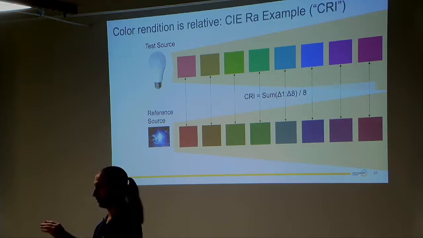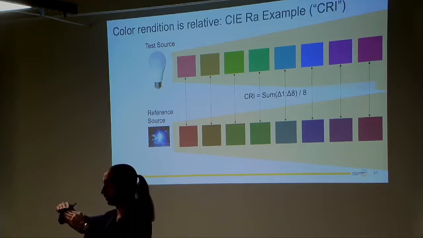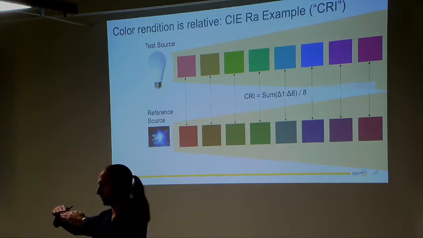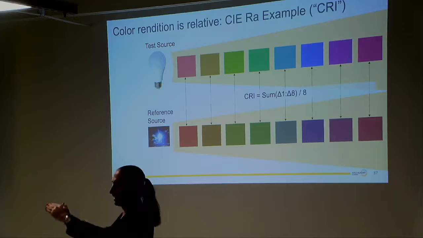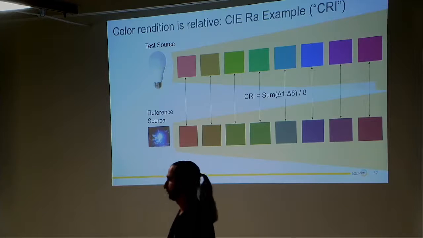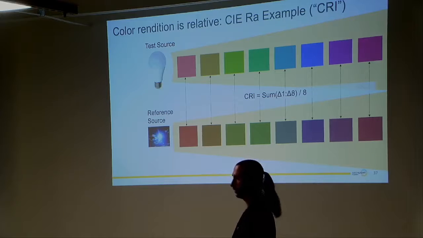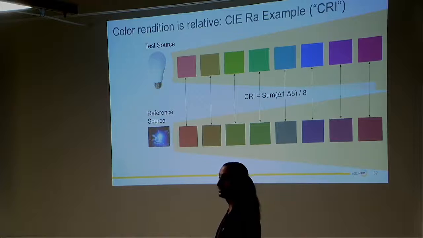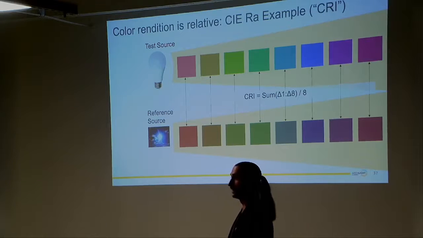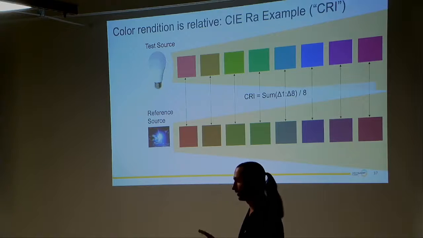So if I have 3500 Kelvin, it might be like the incandescent, just tilted a little bit to have a little more blue, right? And then if I go to 4000, it's going to tilt like this and have a little more blue. But it's broadband, it has energy in all wavelengths. So for example, an incandescent is 2700-ish Kelvin. Its broadband reference source is almost identical to the incandescent. So incandescents almost always have a CRI of 100 because they are basically their own reference. It's a funny little trick for them.